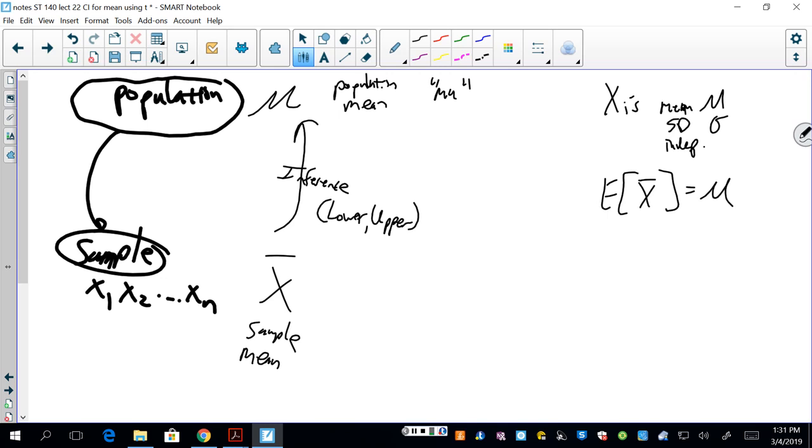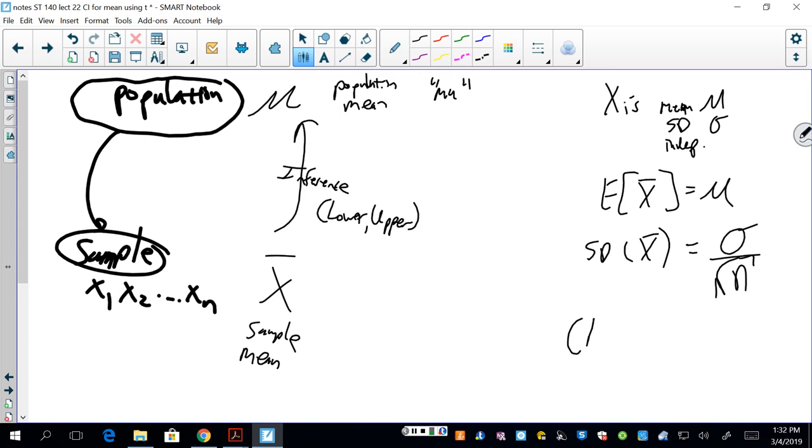Some samples will be higher, some will be lower, but on average they should give us the right thing. The standard deviation of x bar, if all the x's have the same standard deviation and they're independent of one another, that's really where independence comes in, is sigma over the square root of n. So x bar can be a lot more accurate than an individual observation, based on big samples.